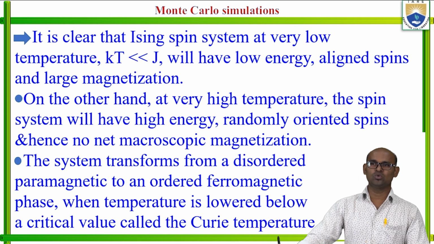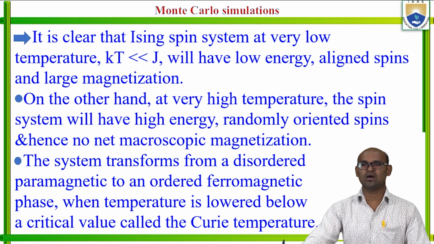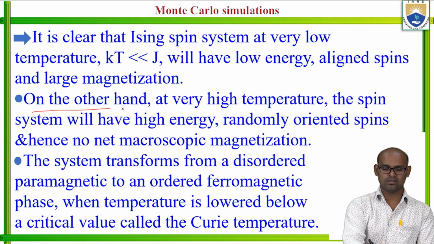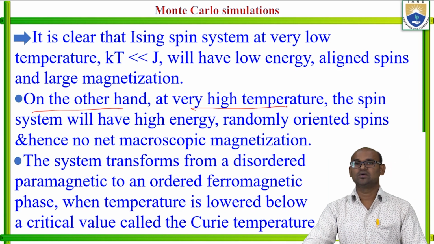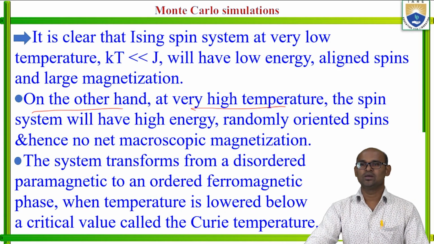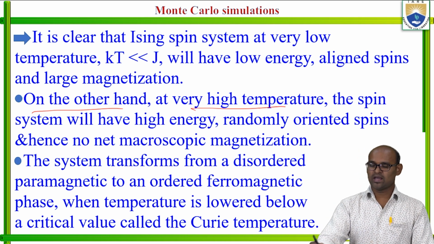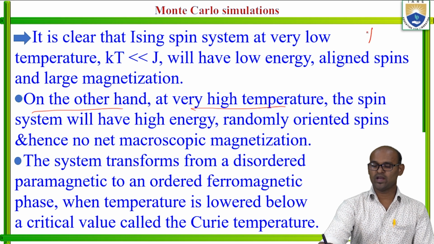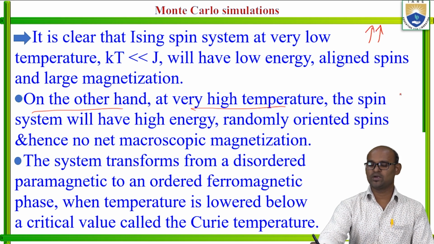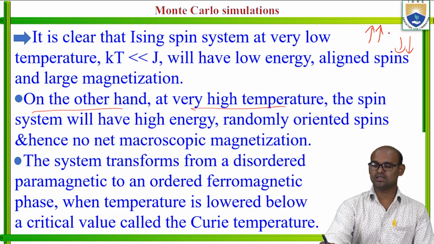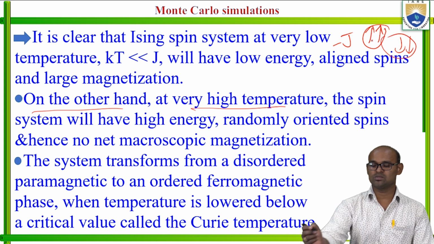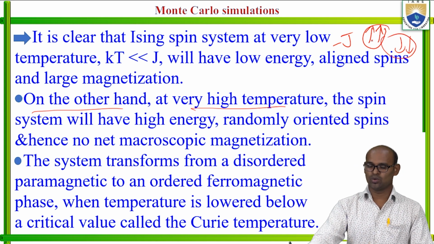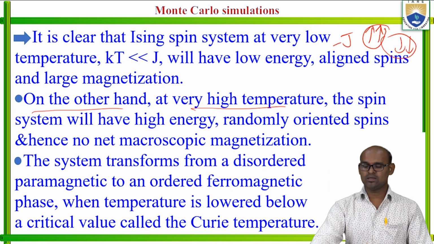Only we are going to cool the system. At low temperature, we will find all the spins are oriented in up direction or oriented in down direction. We already calculated that the energy associated with these kinds of spin configurations is minus J. So the energy is lower, and there is net magnetization.